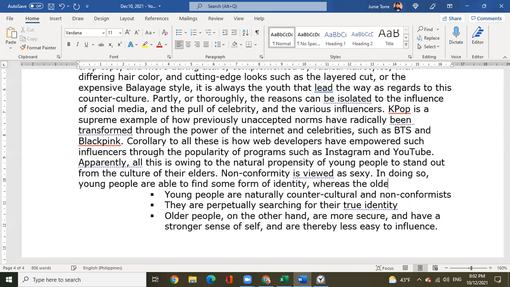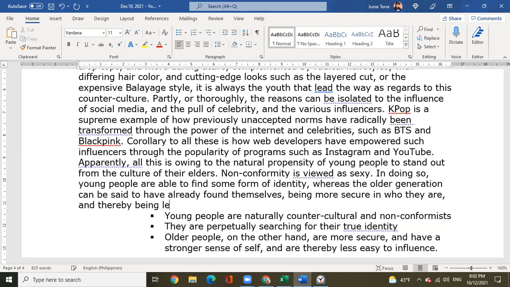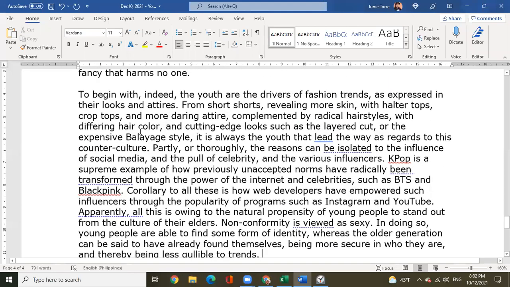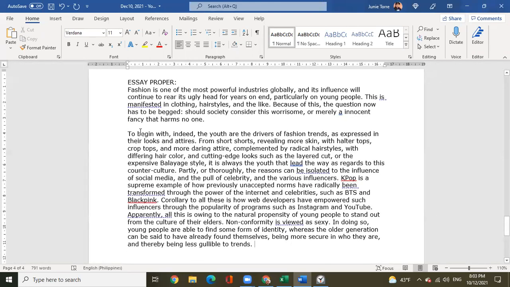Whereas the older generation can be said to have already found themselves, being more secure in who they are and thereby being less gullible to trends. There, all right. That's a long first body paragraph. Okay, that's it. And then we're now going into the positives.